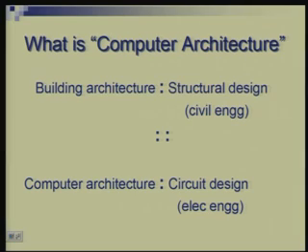Okay, let me now define the term computer architecture. A simplest way of giving an idea of what computer architecture is to relate it to architecture of buildings. Building architecture is basically a plan of what different parts of the building are to be used for.